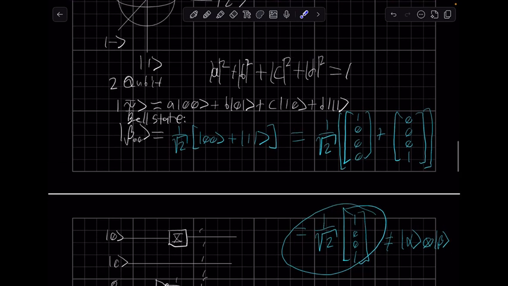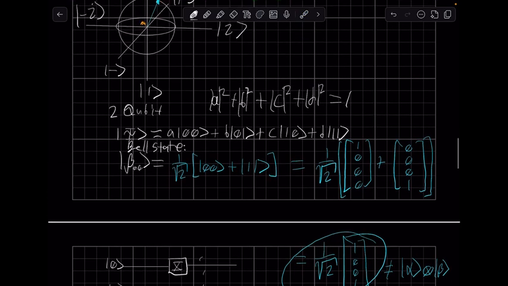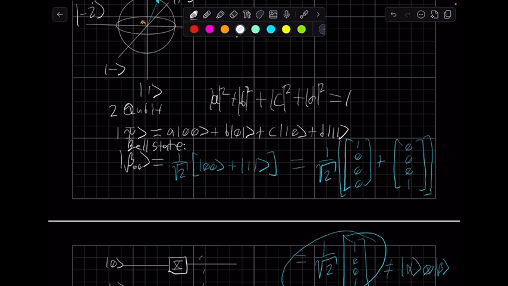So basically we're saying A is 1 over the square root of 2, and D is also equal to 1 over the square root of 2, and that would give us our singlet Bell state as we have defined down here.